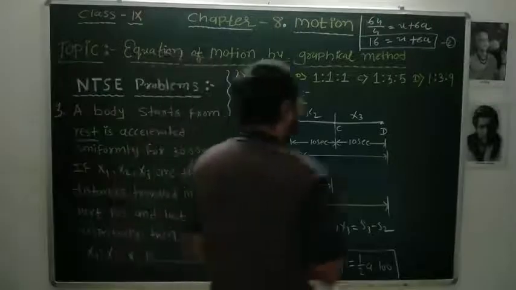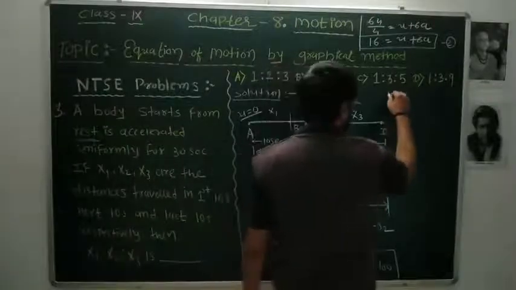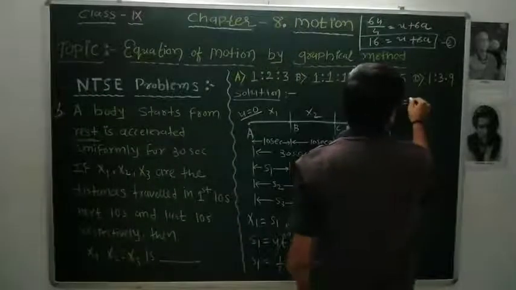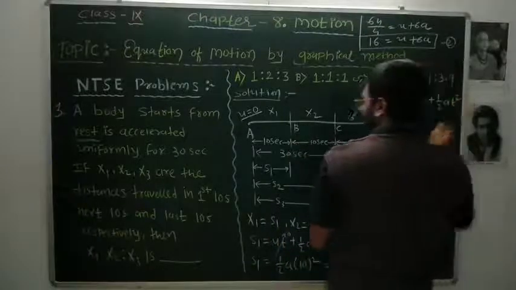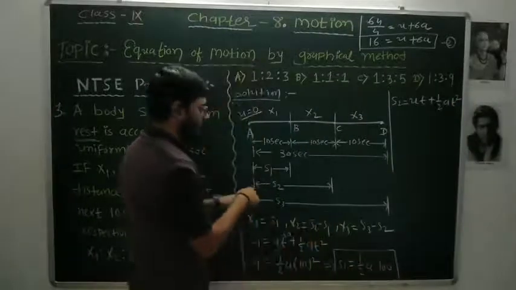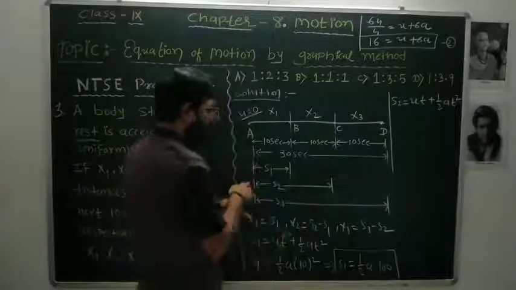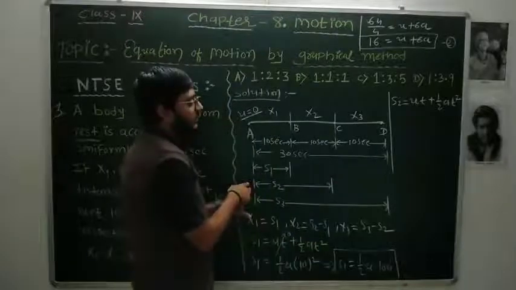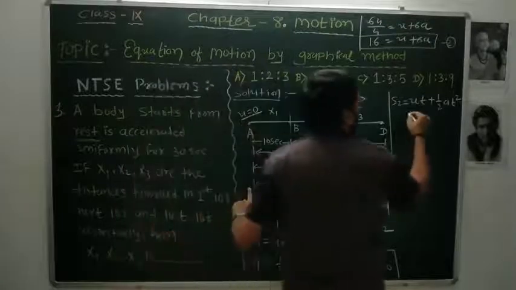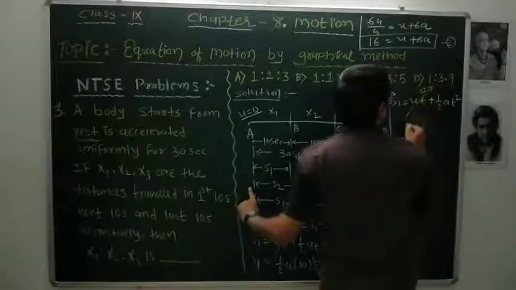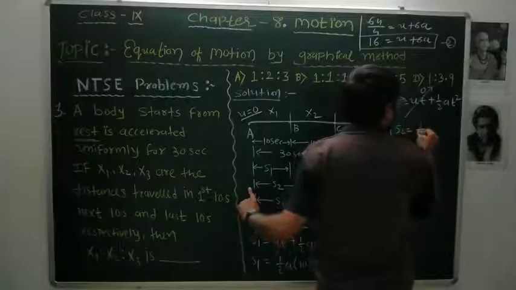S2 is ut plus half at square. S2 goes from point A to point C, but at point A the initial velocity of the body is 0, so this term is also 0. So S2 is half at square.